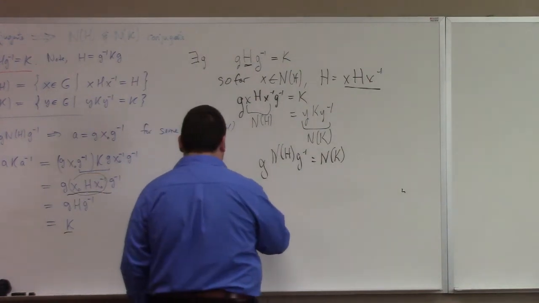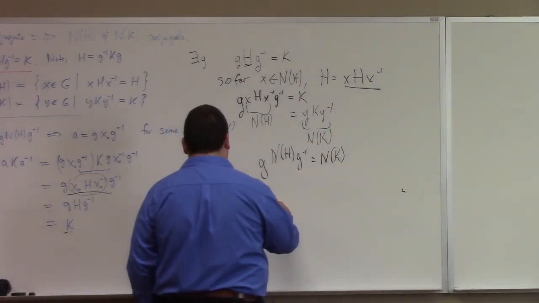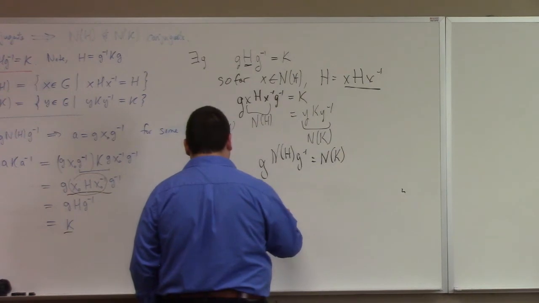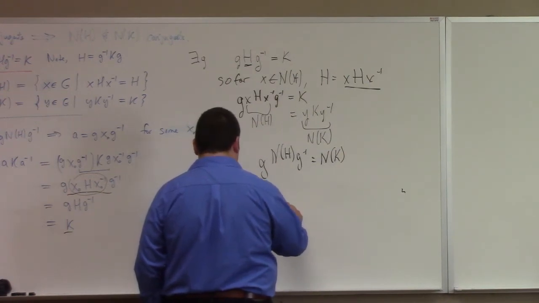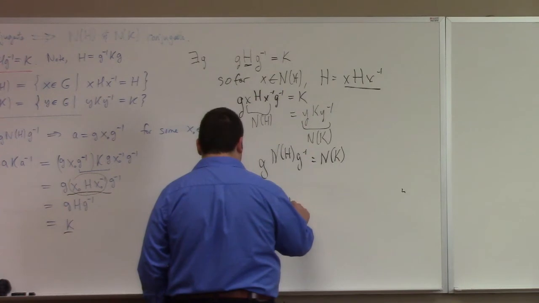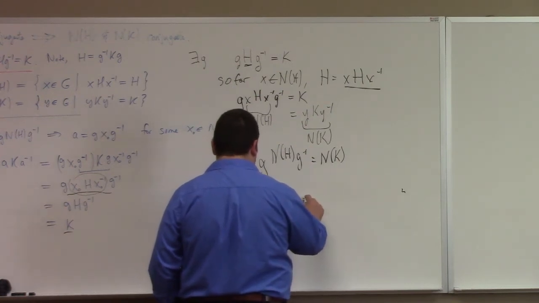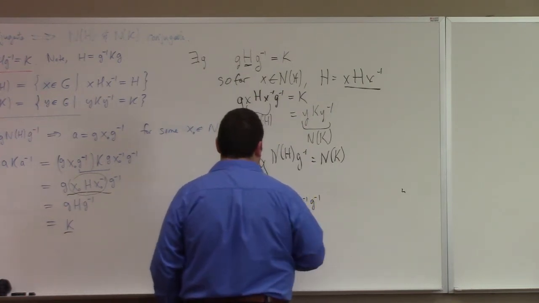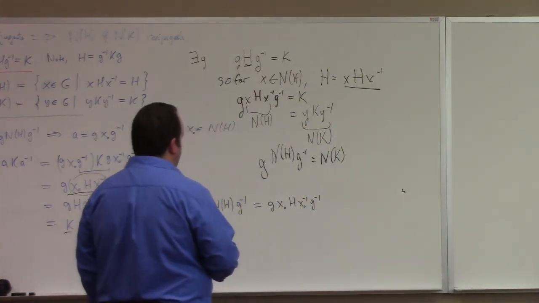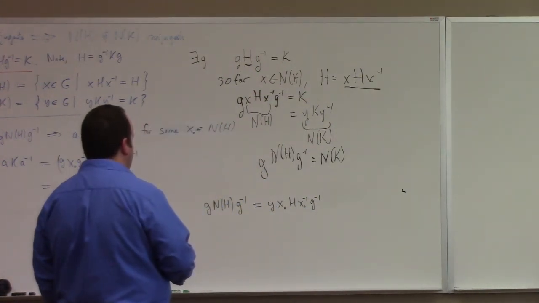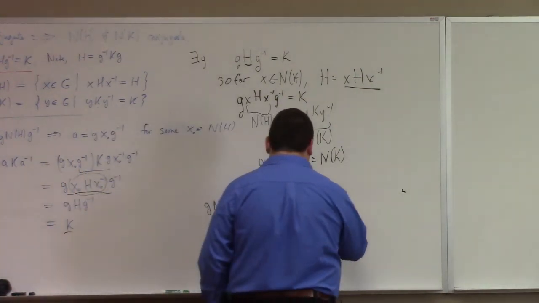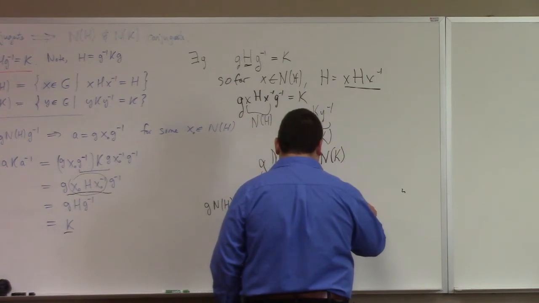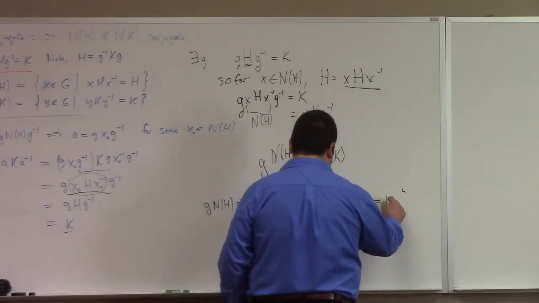So your point is that that's equal to, just for any, well, I called it x naught, right? Yeah. So x naught h x naught inverse g inverse. Which, because x is in the normalizer, that's just equal to g h g inverse, which is k.